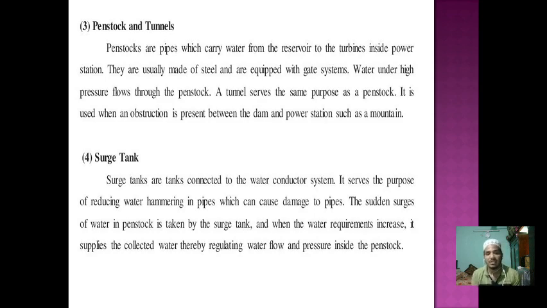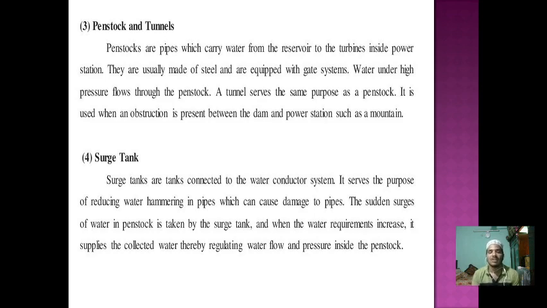Surge tank. The surge tank is connected to the water conductor system. It serves the purpose of reducing water hammering in the pipe, which can cause damage to the pipe. The surge tank is in between the penstocks, tunnels and turbine, and its purpose is to control the flow of water, because if the flow rate goes beyond the limit, it damages the pipes.